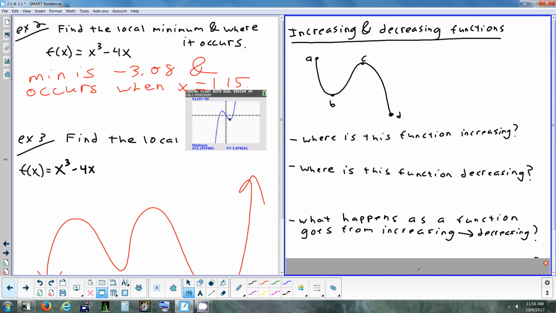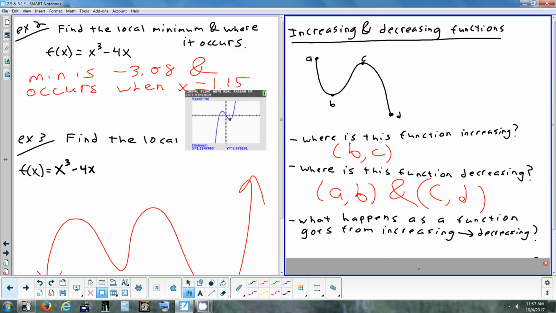So, for this particular function, where is it increasing? It's increasing between B and C. Where is it decreasing? It's decreasing from A to B. And it's also increasing from C to D. What happens as you go from increasing to decreasing?